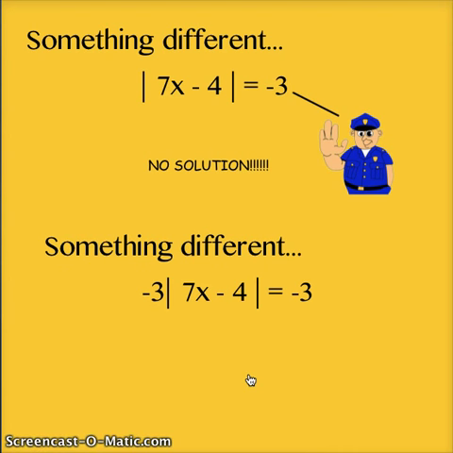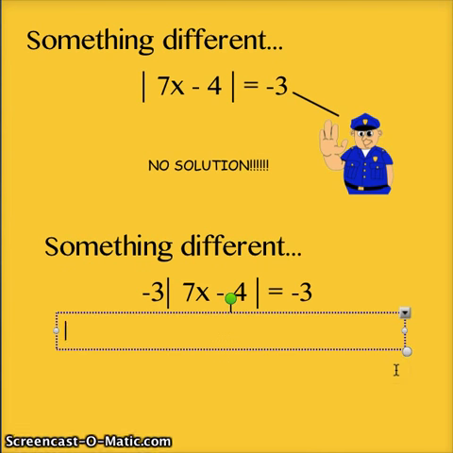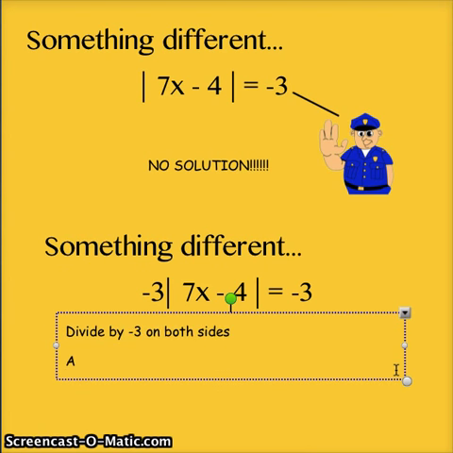Let's look at number 2 though, something a little different. It says negative 3 times the absolute value of 7x minus 4 equals negative 3. Well, I didn't isolate the absolute value yet. That's my first step. Let's divide by negative 3 on both sides. Now I get the absolute value of 7x minus 4 equals positive 1, because negative 3 divided by negative 3 is positive 1.